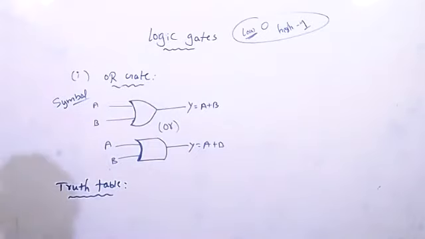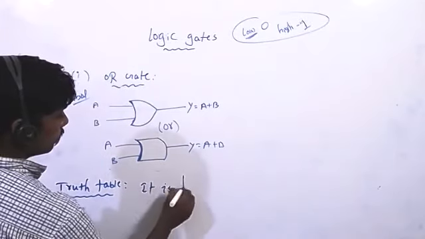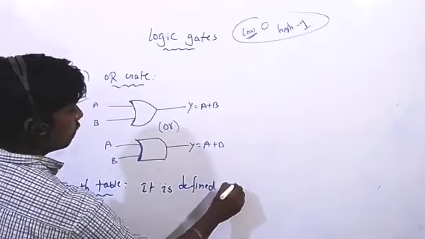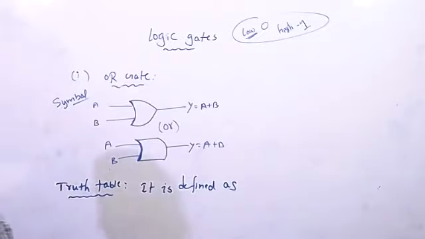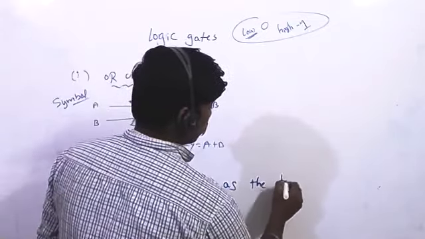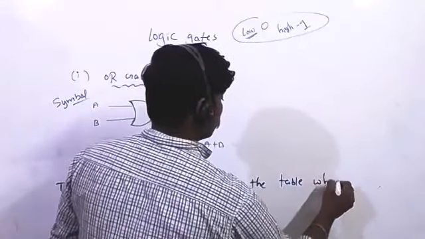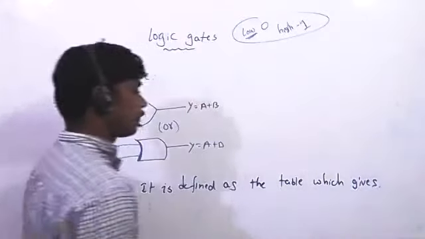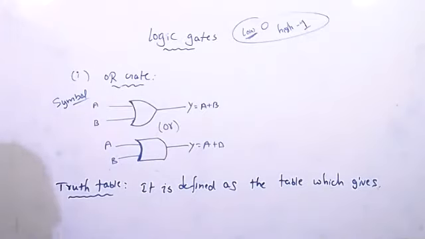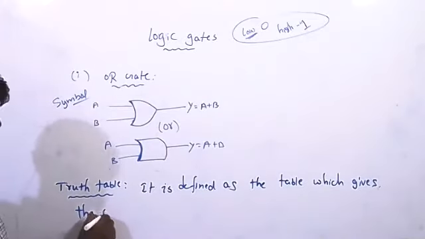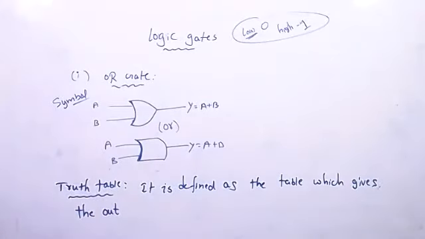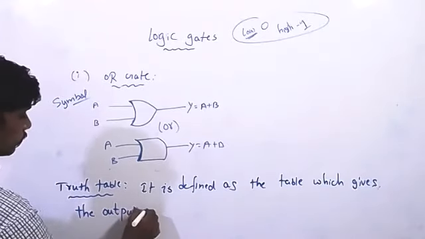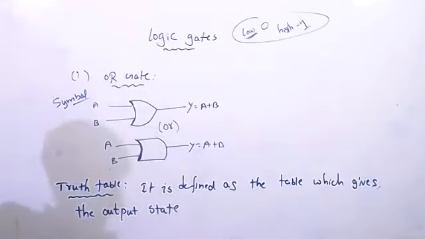So truth table, it is defined as the table which gives the output state. Output state, what is the state of the output? Is either it is high or low.